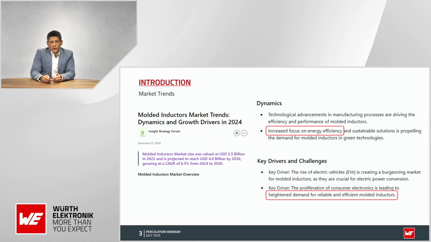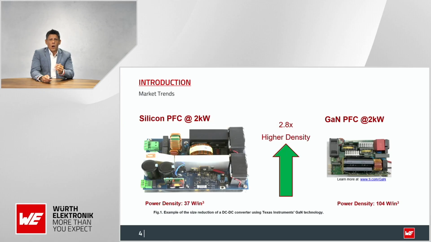There is a strong trend in the market, but the open question is how these molded power inductors will perform when we want to jump to designs like this: a silicon-based 2 kilowatt design to one using GaN technologies, with the same amount of power but 2.8 times shorter.